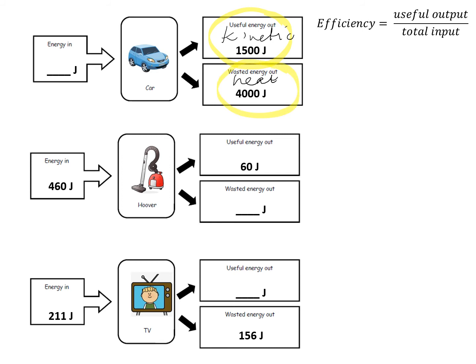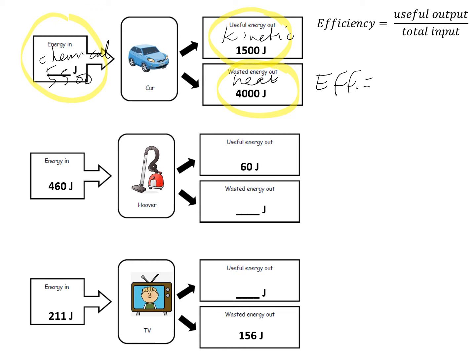Now I've got a missing value over here. Let's see if we can calculate it. We know that the fuel for a car is chemical energy, and it must be 5,500 in total, because if we add 1,500 to 4,000, we get 5,500. So let's work out the efficiency.